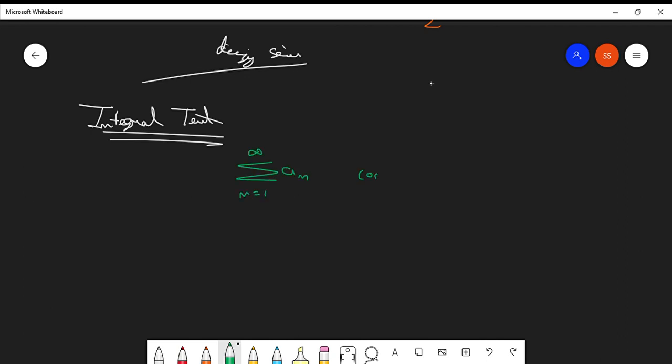We compare this with the integral from 1 to infinity of a(n) dn, let's say. Clear? Got it?